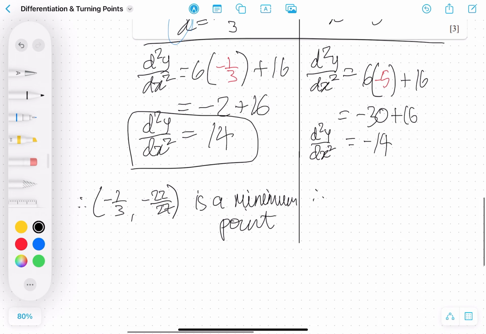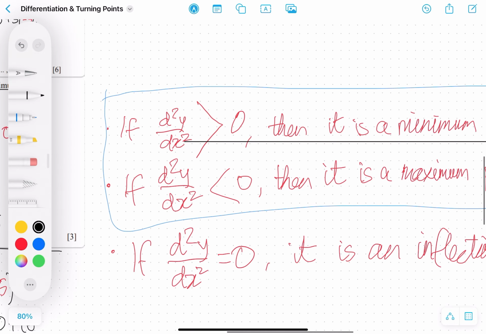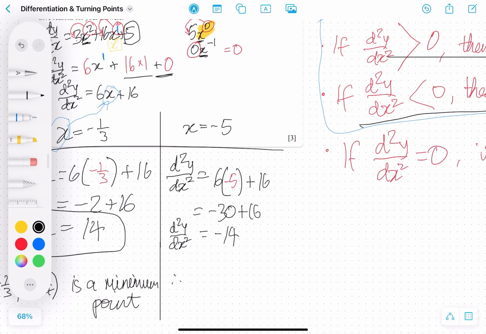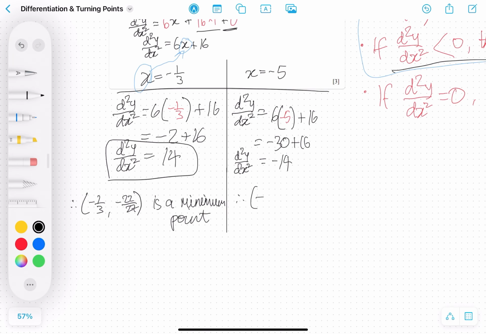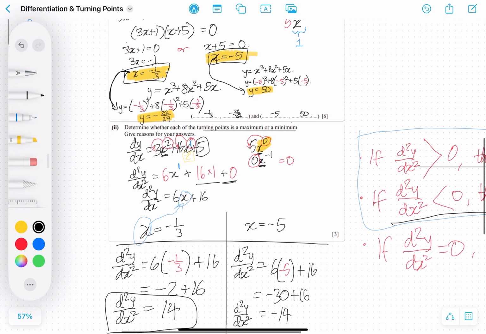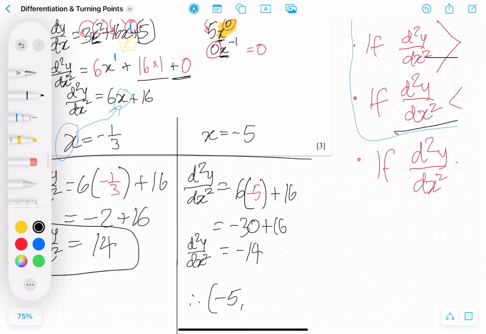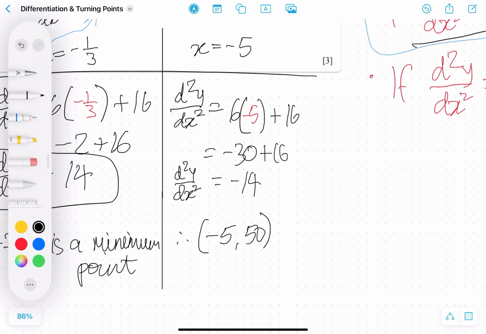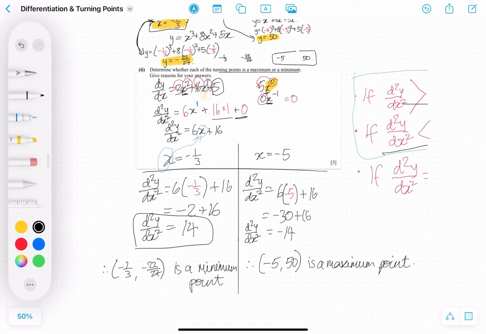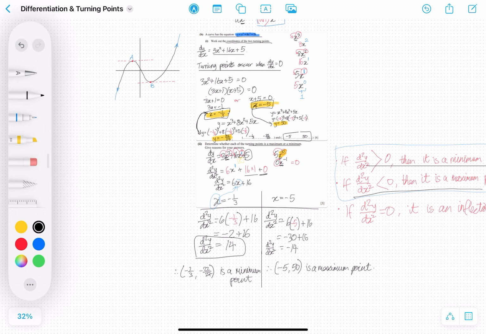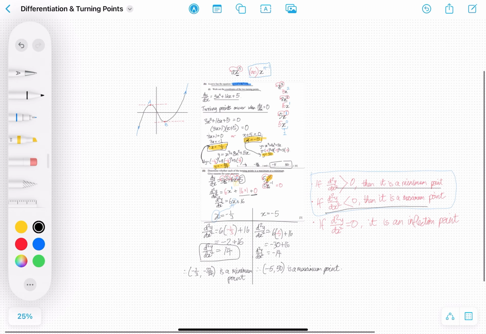So by this rule, it's less than 0, it's -14, therefore it must be a maximum point. So this turning point with x coordinate at -5, which is -550, is a maximum point. So yeah, that's how you solve this question.